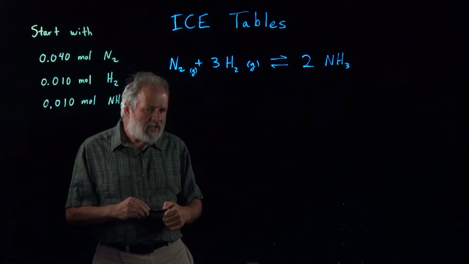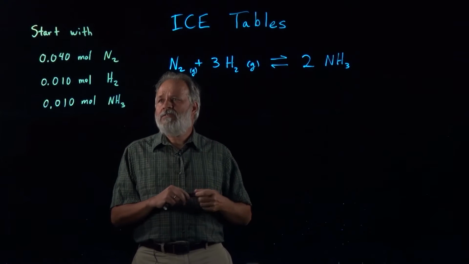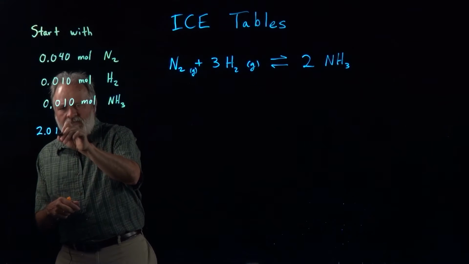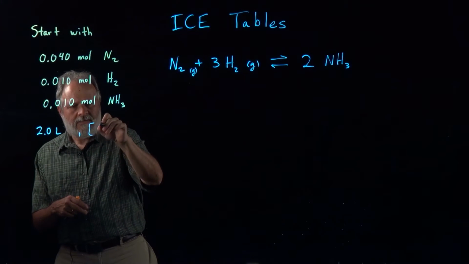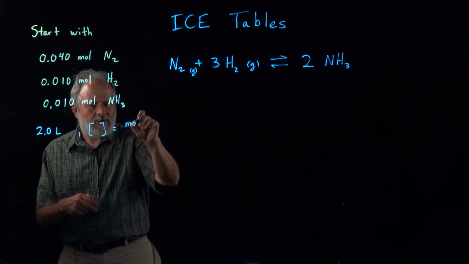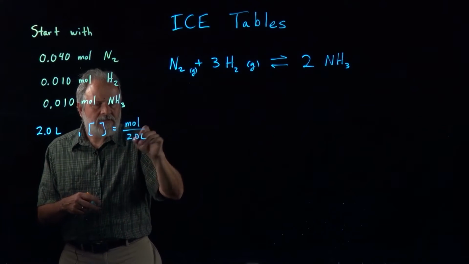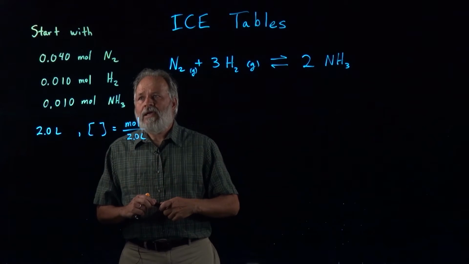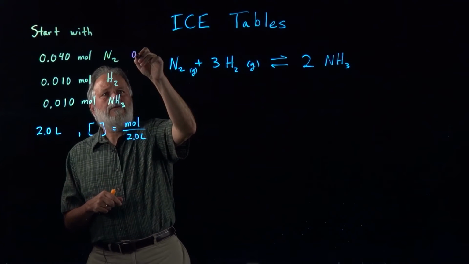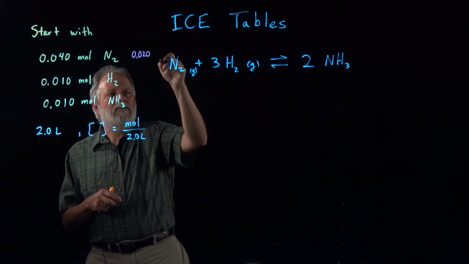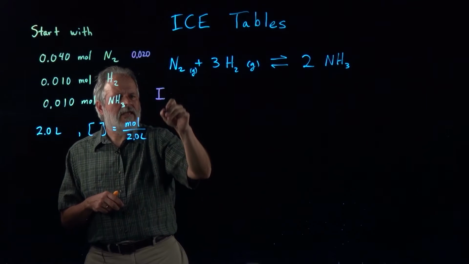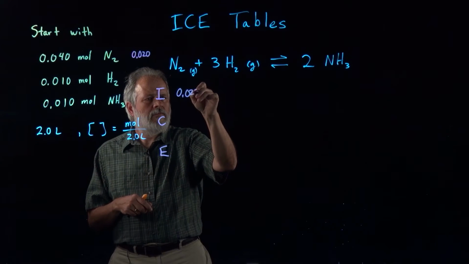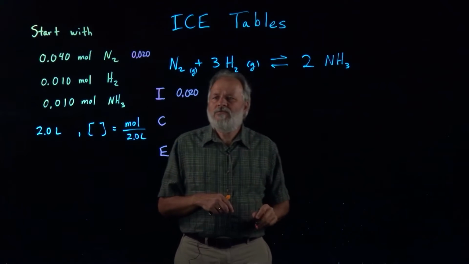Now, unfortunately, the equilibrium constant is in terms of molarity, so we actually need to know the volume of this system. If we say it's 2.0 liters, then the molarity is going to be moles per 2 liters. Okay, so let's go ahead and write down the molarity in the initial line. 0.020 molar.